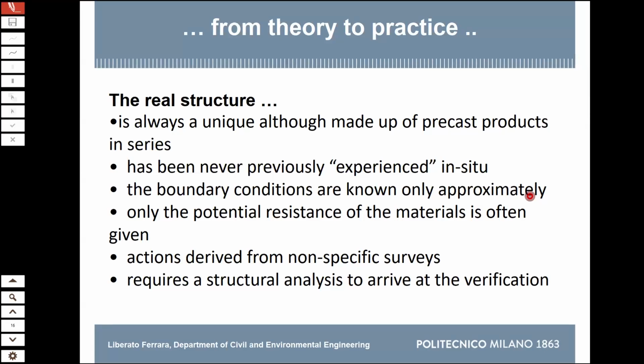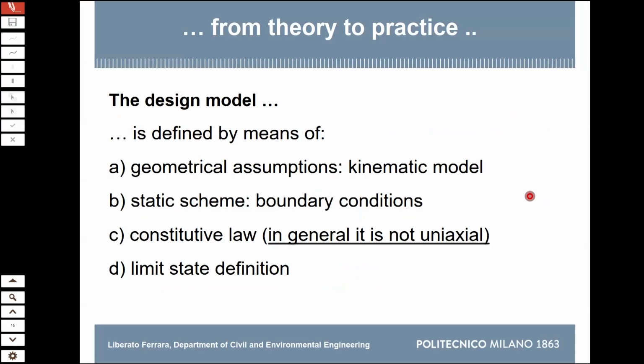The other thing is that we use a model to design our structure. We use actually different models, and we will see now in a while. What is a structural model made of? Well, first of all, there is a geometrical and kinematic model of our structural element. We are always used to thinking of the Bernoulli model for beams and columns.